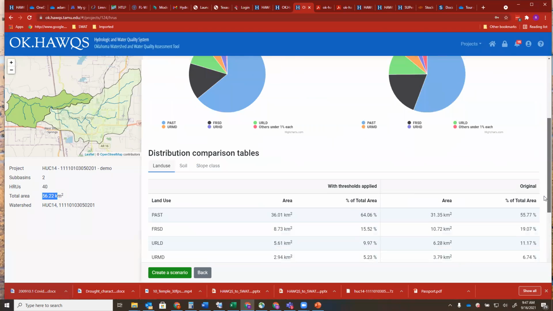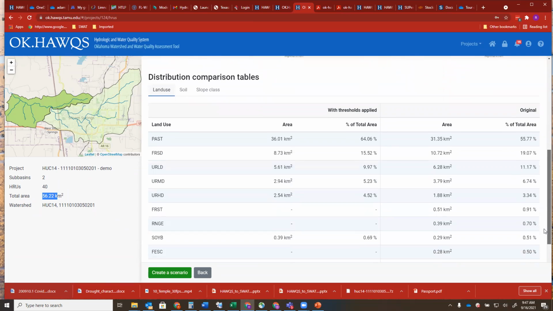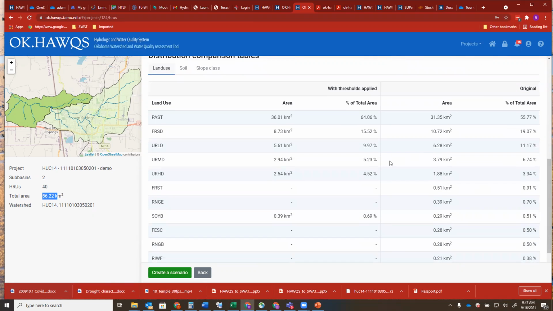These pie charts show you before and after, okay? Meaning after the threshold is applied and before it was applied actually. So you can see the pasture. So what are the land uses that got eliminated? The deciduous forest, which is 0.51, range 0.39.